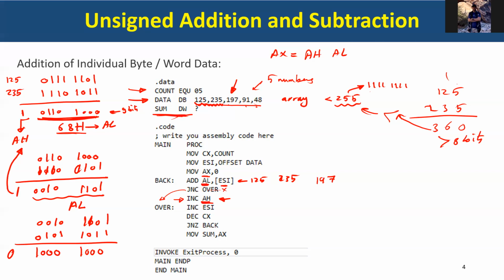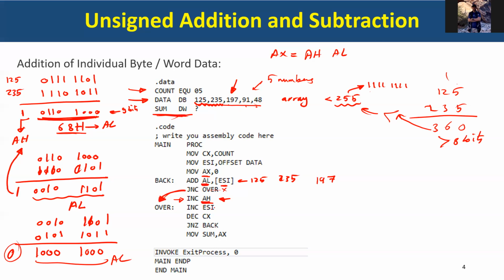So in that case, we don't need to increment AH. AL was enough for us. So AL will take this, and we will not increment AH. Since the carry is 0, we're going to go to over.